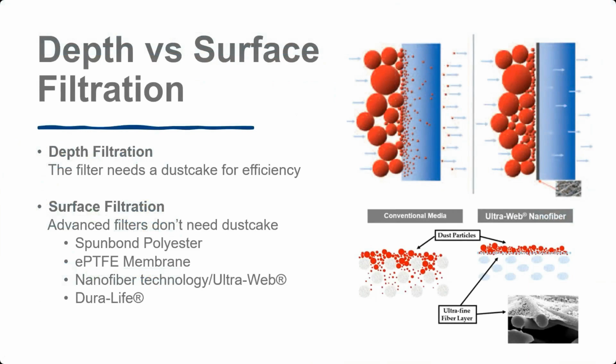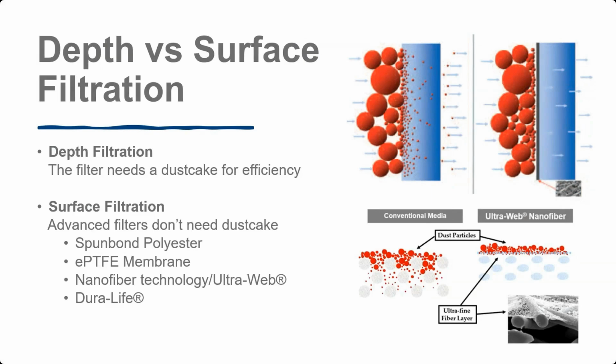But then another really important thing to consider when you're picking your media is how that media actually filters the dust. Something that a lot of people think when they put in a standard polyester felt filter is that the filter, it's in the name, right? It filters the dust. Well, it actually doesn't. Standard felt and woven fabrics actually need a dust cake to be efficient.